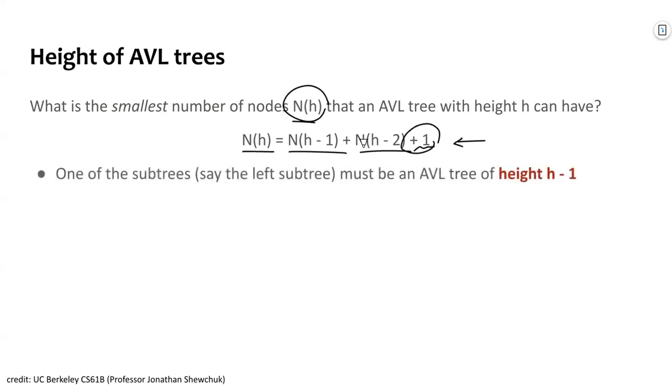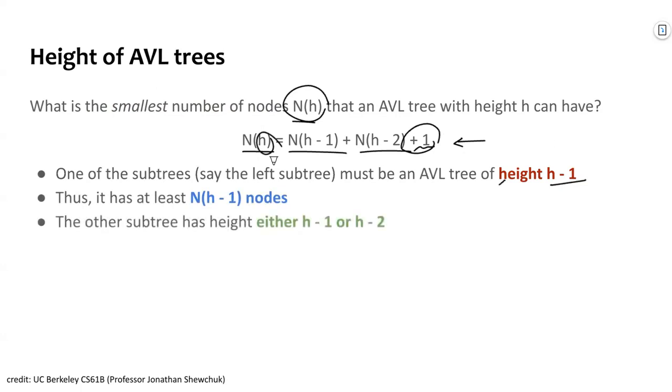So one of the subtrees, say the left subtree, must be an AVL tree of height h-1 because the current AVL tree is height h. Thus, it has at least N_{h-1} nodes. And the other subtree, say the right subtree, has height either h-1 or h-2.